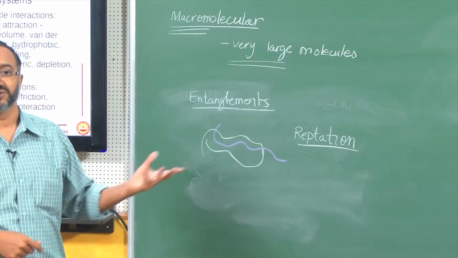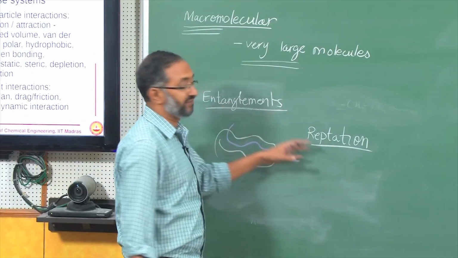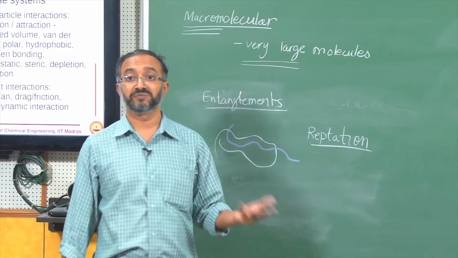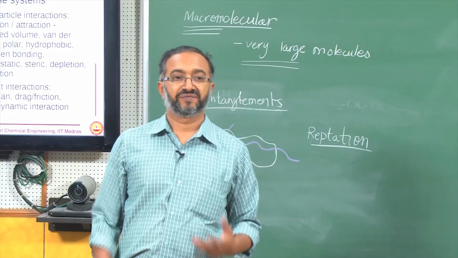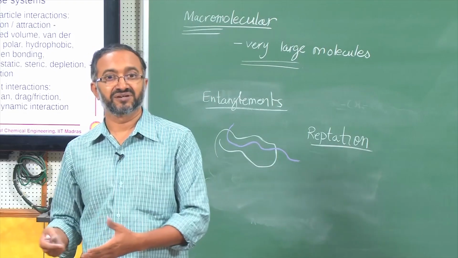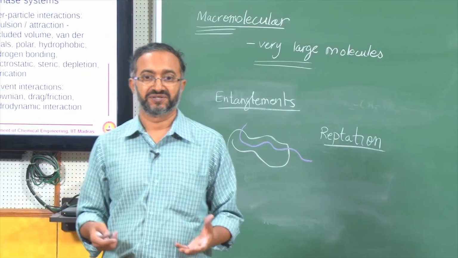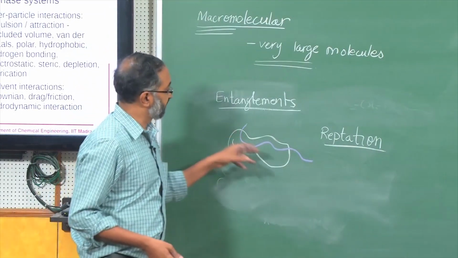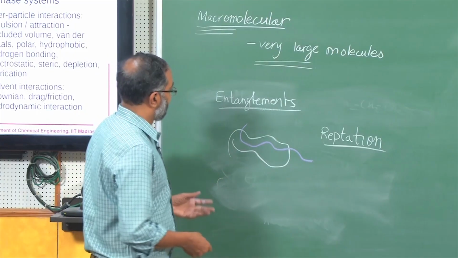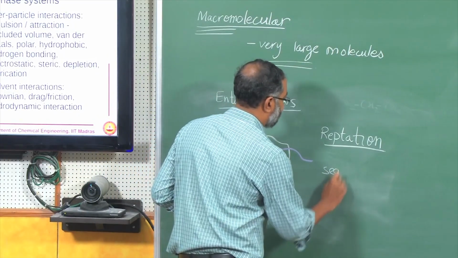So, it is motion in a tube basically. When these entanglements are there, we will see that the rheological response will be very different. If we have unentangled solution versus entangled solution, there will be a big difference in any of the rheological response. And whenever we have an entangled system, an important term which we will use is called segment.